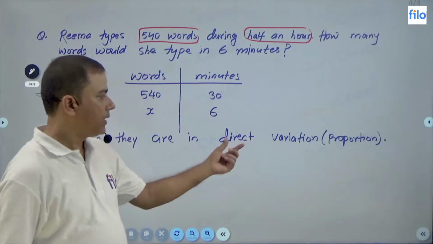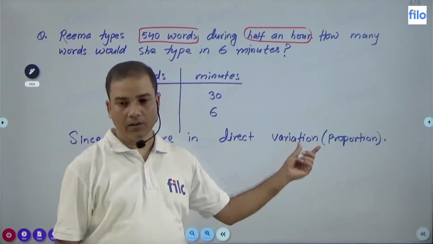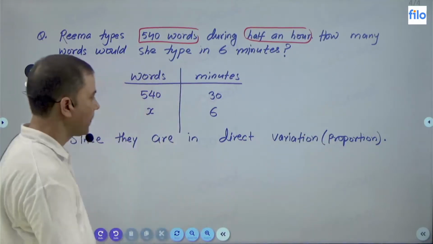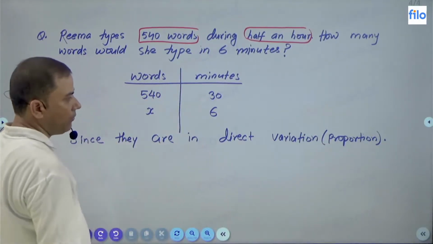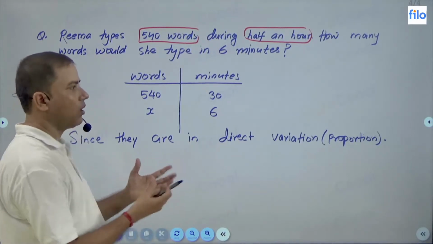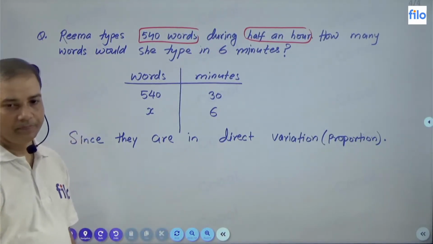You can call it direct proportion or direct variation. Both are same. Meanings of both of them are same. Okay. And we know the rule, when they are in direct proportion, what remains same? Product or ratio?